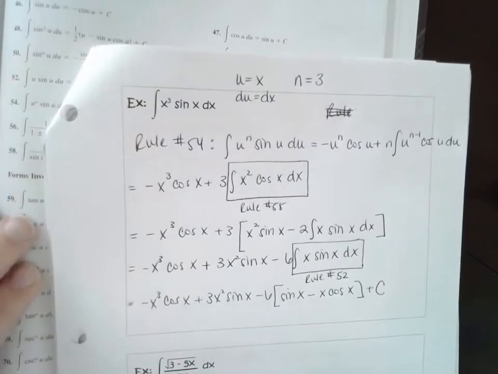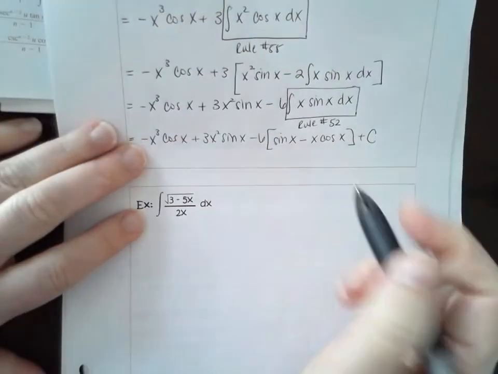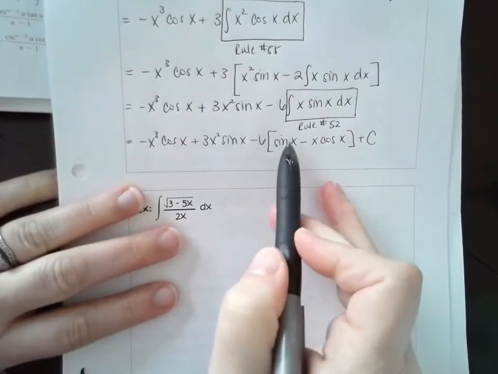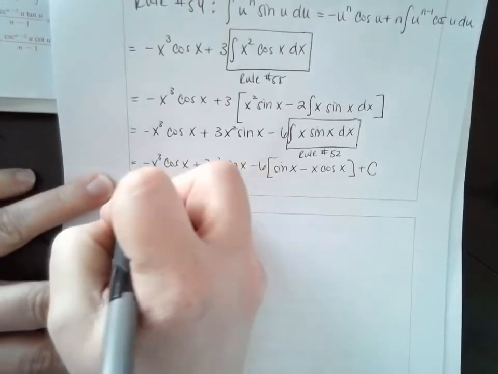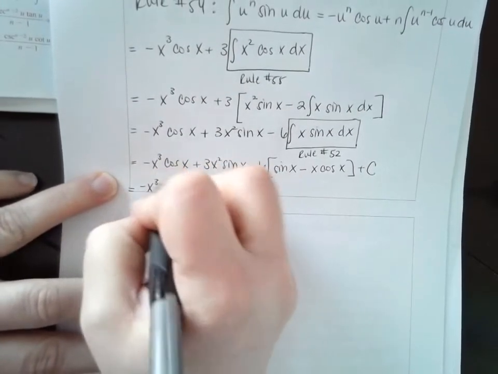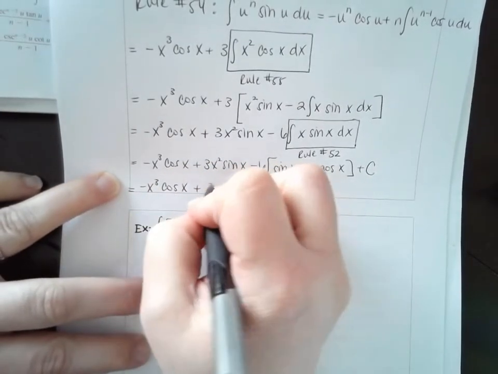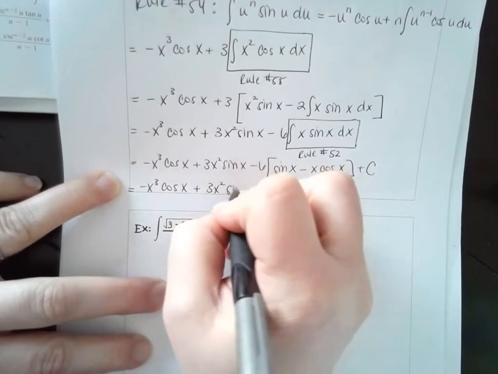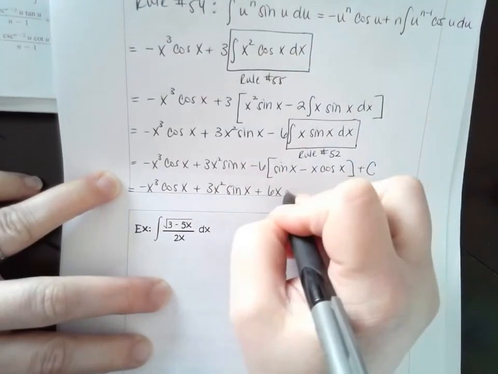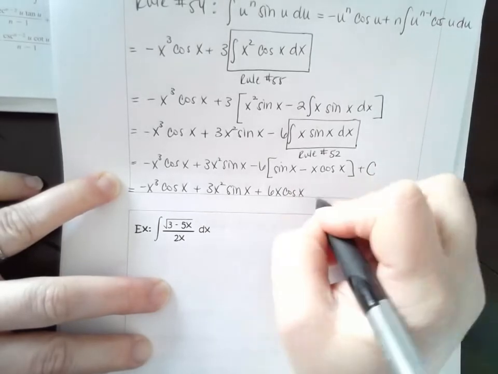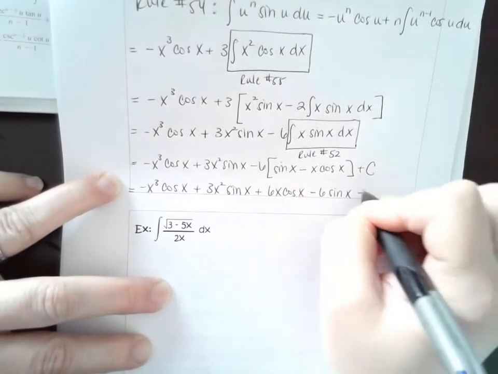Do not leave that unsimplified. Now, I'm also going to change the order here of these two terms simply because this one doesn't have an x value and I want it in decreasing, descending order. Negative x cubed cosine x plus 3x squared sine x plus 6x cosine x minus 6 sine x.